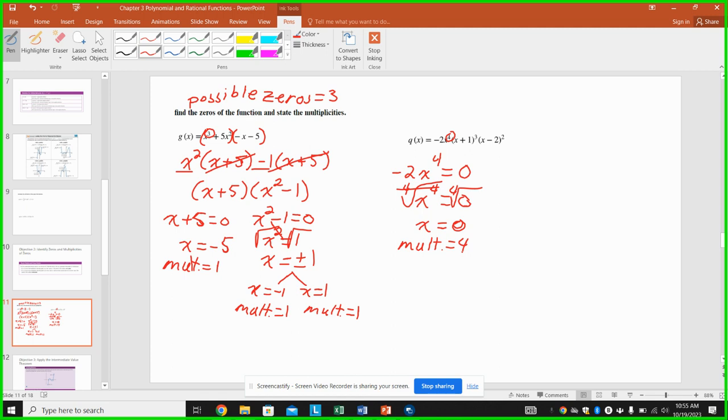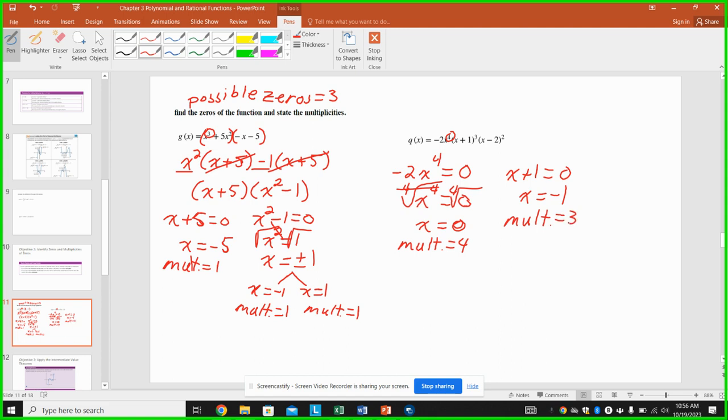All right. Then I'm going to take this guy right here, x plus 1 cubed. So I take x plus 1, set it equal to 0. What does x equal? Negative 1, right? Because you would subtract 1. But how many times did I get the answer? 3. So my multiplicity is 3.